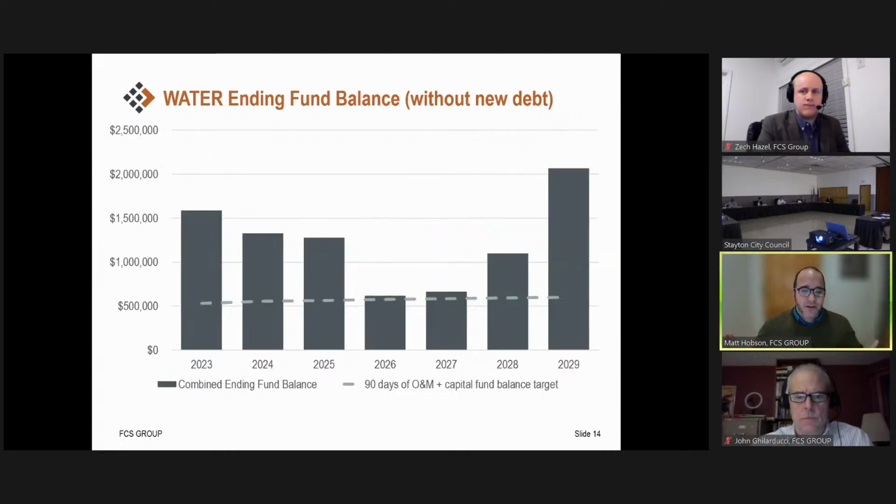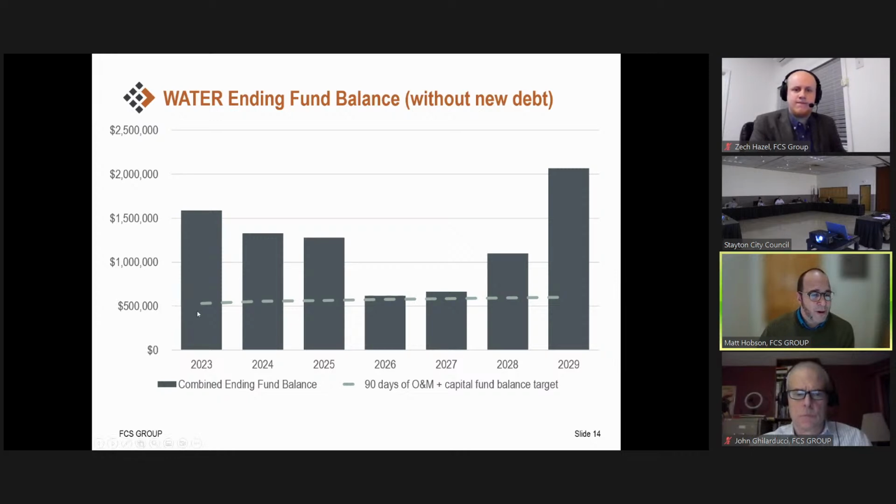Now, to those scheduled rate increases, as I mentioned, one goal there is to make sure that we are meeting our cash flow requirements on an annual basis. The other purpose of those revenue increases is to ensure that we're meeting our reserve goals for the utility. And so you'll see a similar chart like this for every utility. It's the ending fund balance projection.